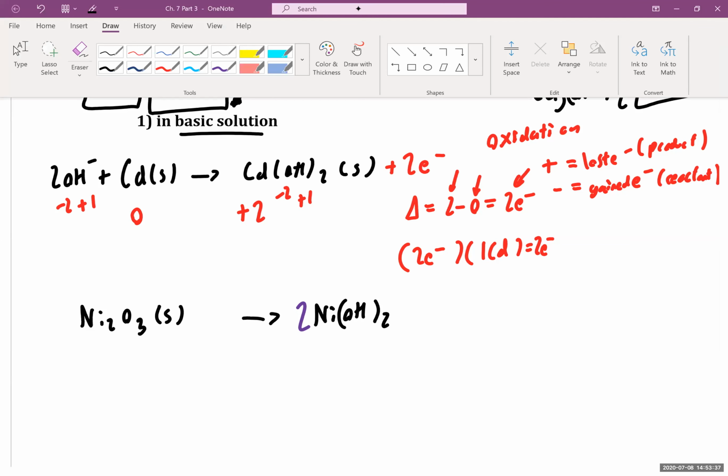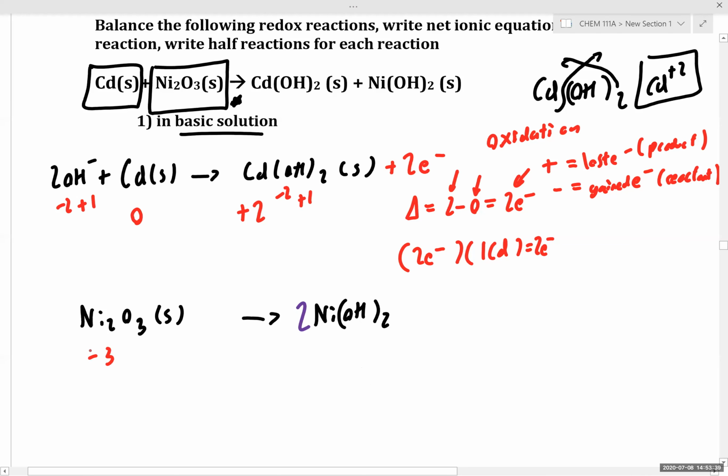The oxidation number of nickel is +3 in nickel 3 oxide. In nickel hydroxide, it's +2. My delta is 2 minus 3, which is -1. I have gained 1 electron per nickel times 2. That gives us 2 electrons gained.